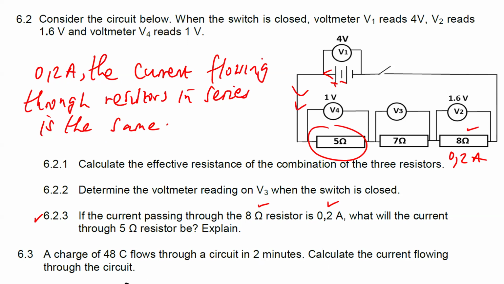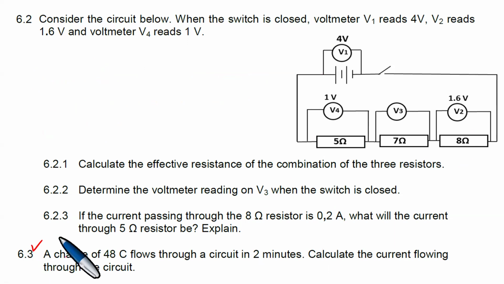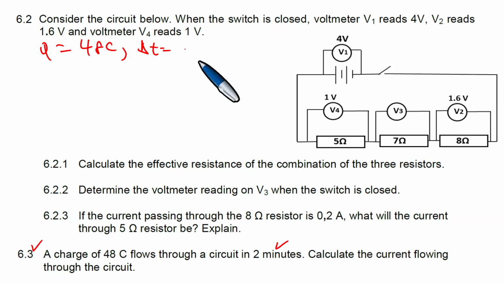Now let's look at 6.3, where we are supposed to calculate current. A charge of 48 coulombs flows through a circuit in 2 minutes. Calculate the current flowing through the circuit. The change in time is 2 minutes, which is equal to 120 seconds, because we use the SI unit of time.